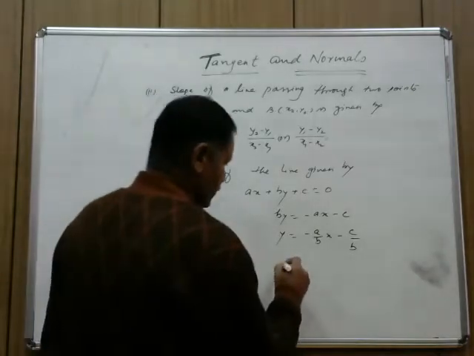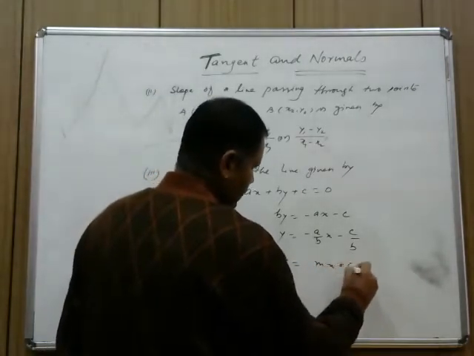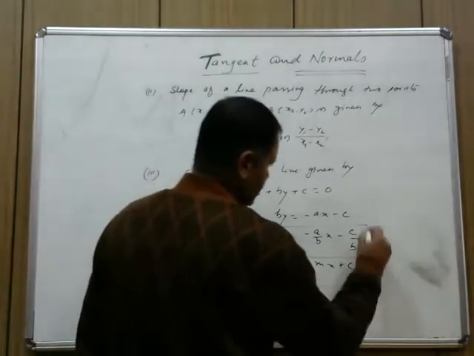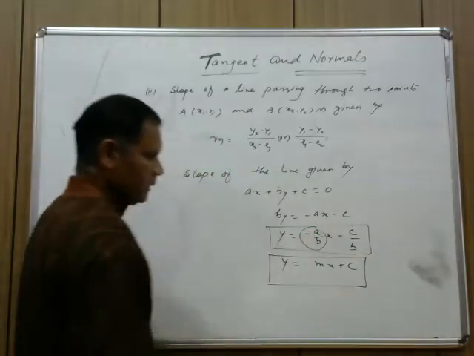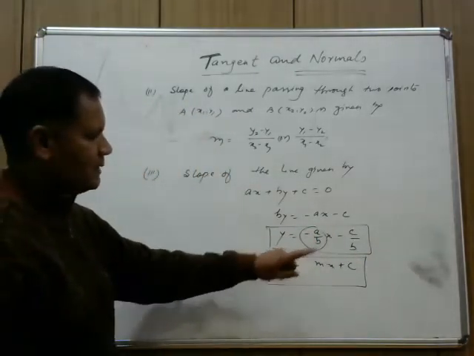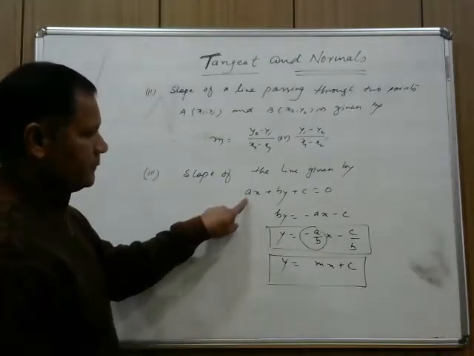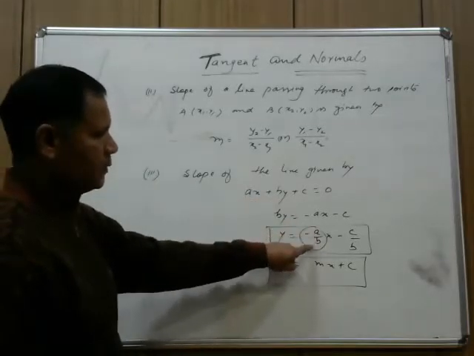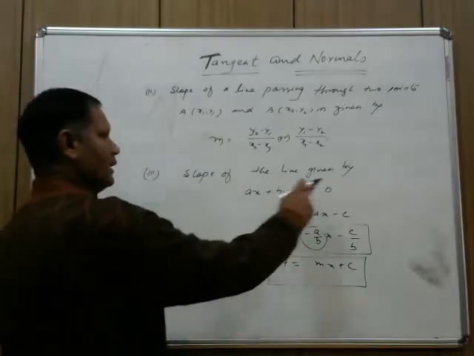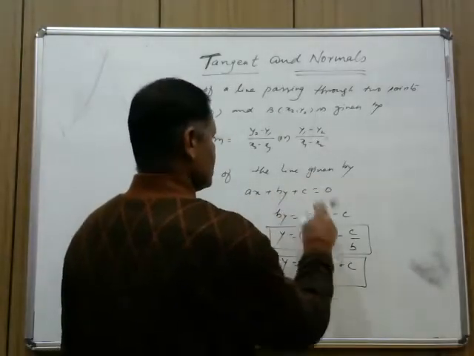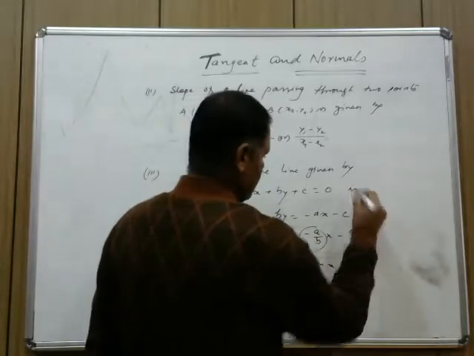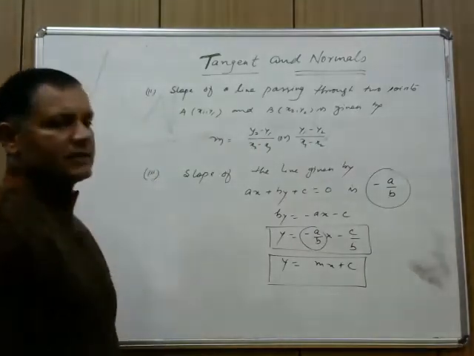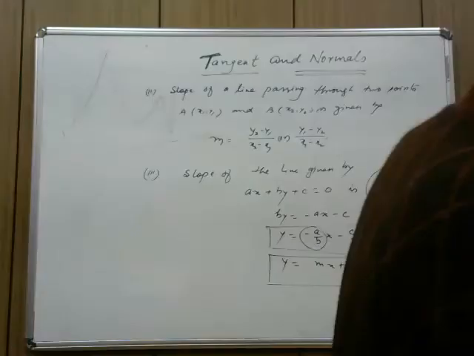See, this is of the form y is equal to mx plus c, right? If you compare it with this, here this is the value of m. Here the slope is minus a upon b. That means the coefficient of x, which is a, and the coefficient of y, which is b, so now minus a upon b. Therefore, the slope of the line given by ax plus by plus c is minus a upon b, where a is the coefficient of x and b is the coefficient of y.